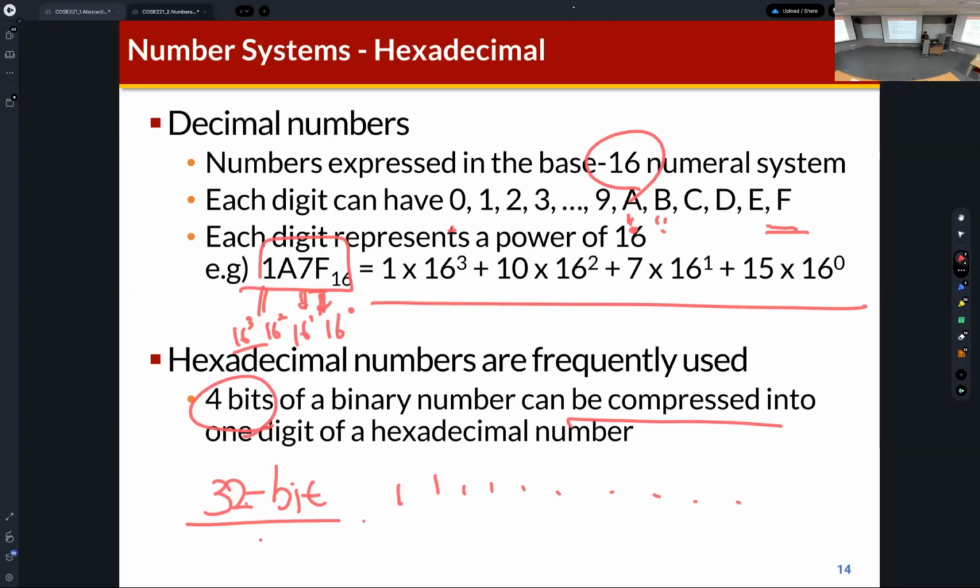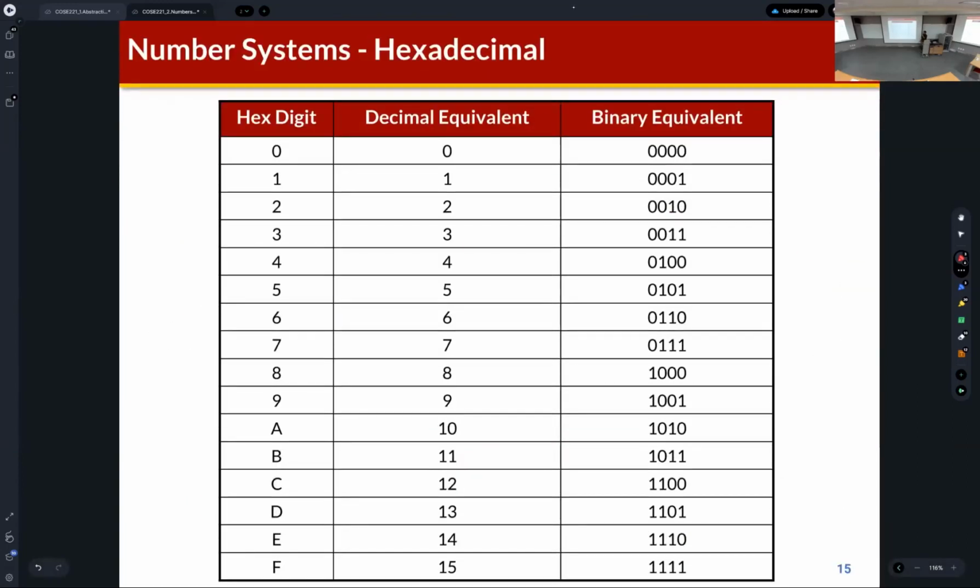So we compress 4 bits of the binary number into 1 digit of the hexadecimal number. Like this, this is the hexadecimal digit, 0 to F, and then the equivalent decimal number, and this is the binary equivalent.